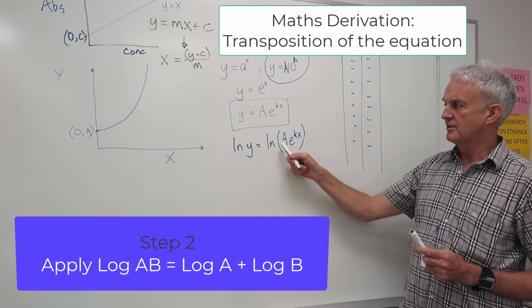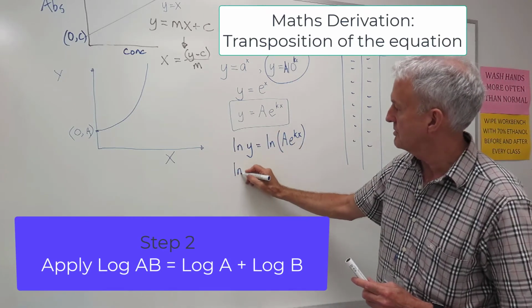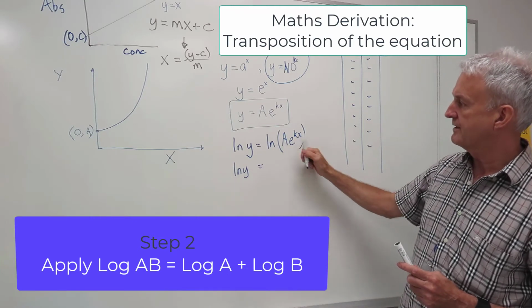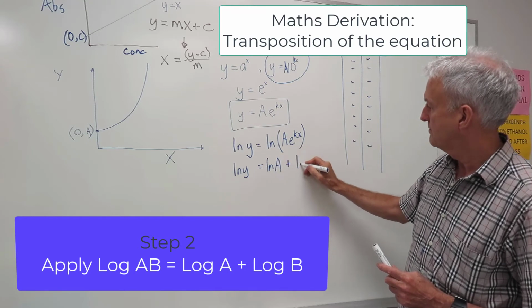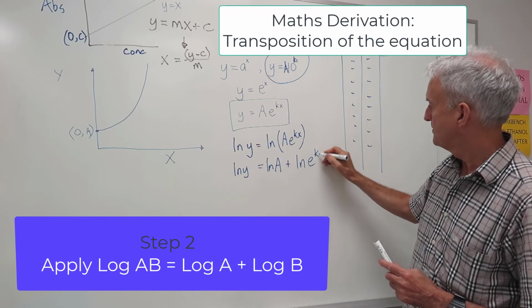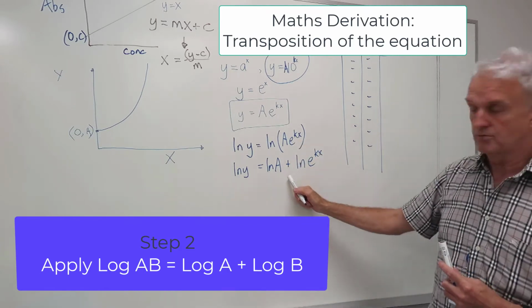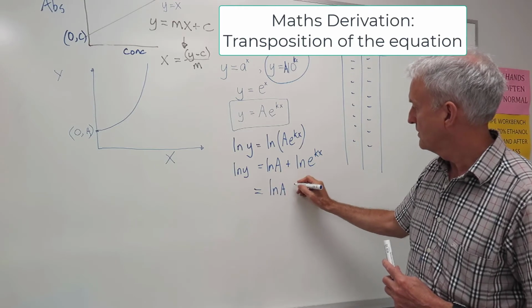And then you need to know your laws of logs to simplify this. It's not difficult if you spend a bit of time on it, because if you take the log of two numbers multiplied together, they actually just add. It's easy to show that that is exactly the same as that, in terms of the rules of working with logs.